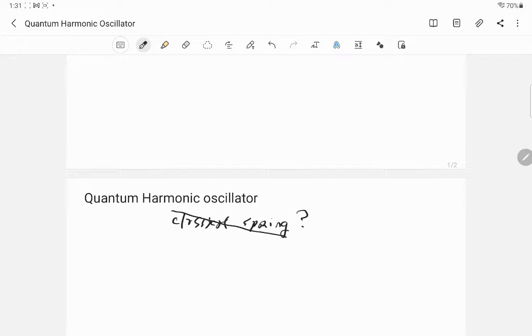So instead of imagining the classical spring, they imagine that there is some sort of interaction that's going to give rise to this oscillatory localization of the particle. And the oscillations are described by omega. So in the quantum harmonic oscillator, the idea is there is no such thing as a macroscopic spring doing our harmonic oscillation. There's some sort of microscopic, nanoscopic interaction going on that's giving rise to some reason for our particle to be localized or confined.